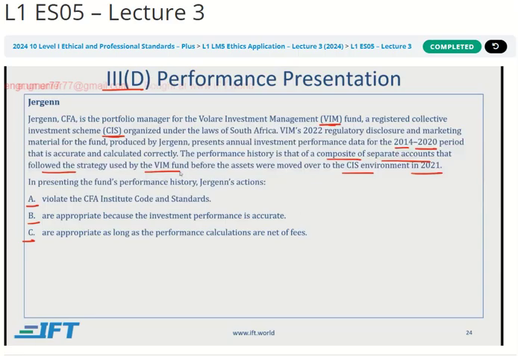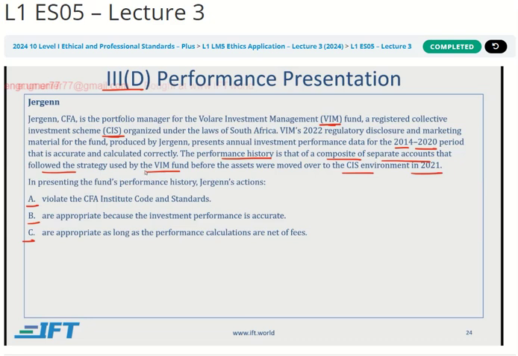Notice that the VIM fund was moved into the CIS environment in 2021. So this is the current state of VIM, that it is now in the CIS environment. However, the performance history is that of a composite of separate accounts that followed the strategy used by the VIM fund. So this history is not exactly that of VIM, which really came into the CIS environment in 2021.